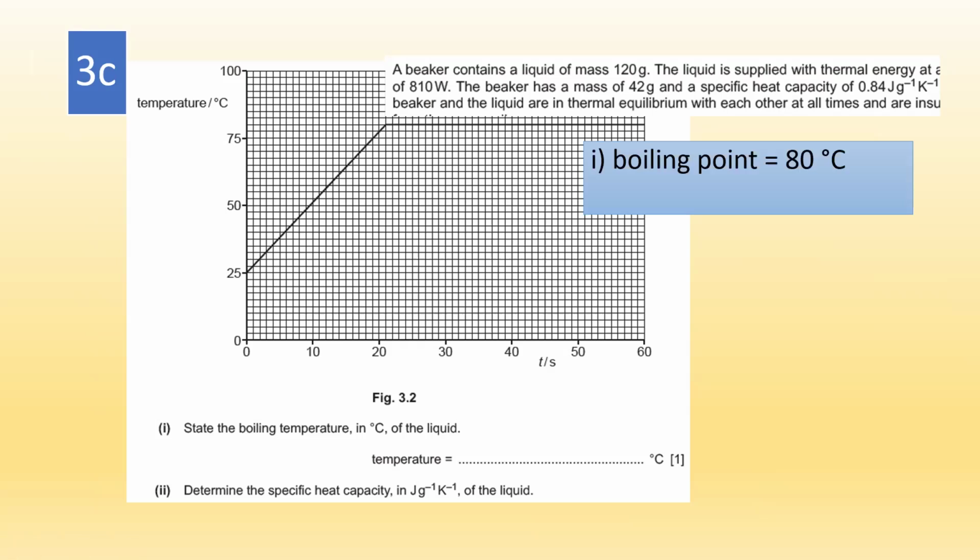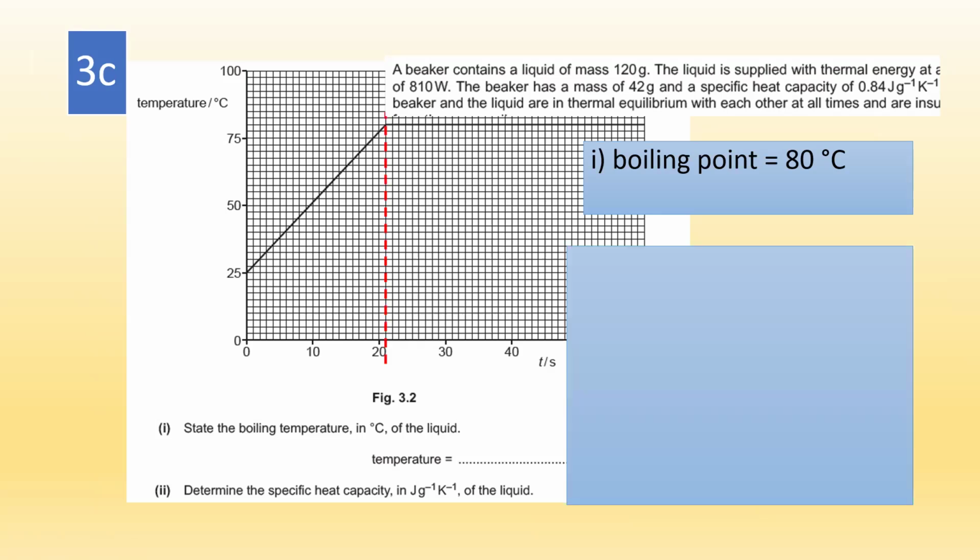Determine the specific heat capacity in joule per Kelvin of the liquid. Right? Q is P times t. There's a P, and there's 21 seconds. So there's an energy supply.